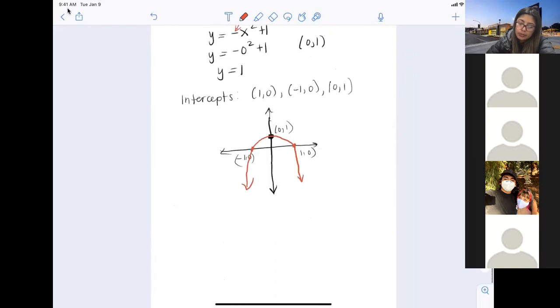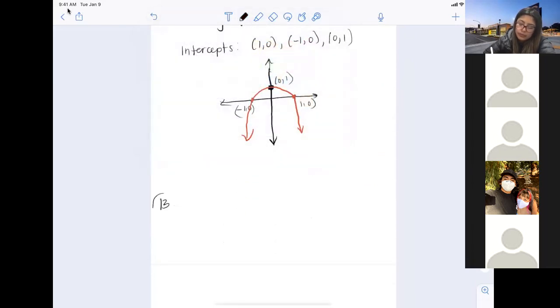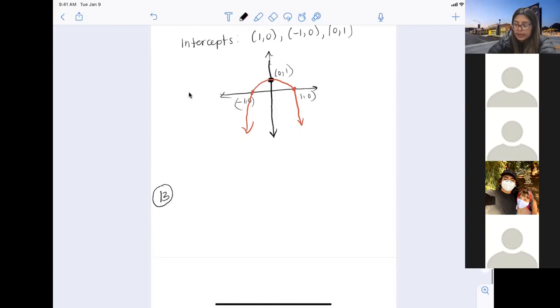Question 13. Again, we are trying to graph. So if I give you the equations, you have to tell me. So for example, the graph is given.